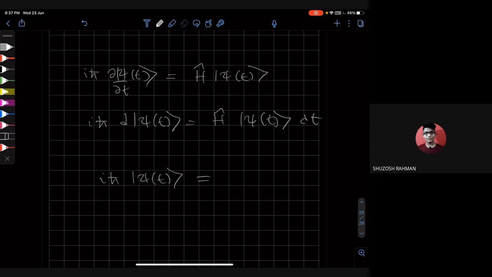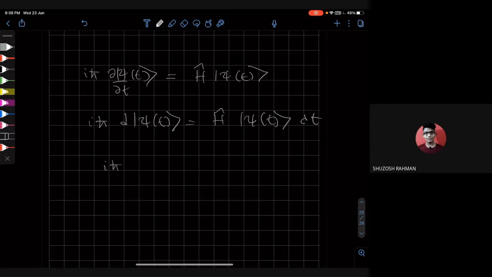Of course, what we're doing here is quote unquote dividing by psi. So what is the formal solution of this equation?